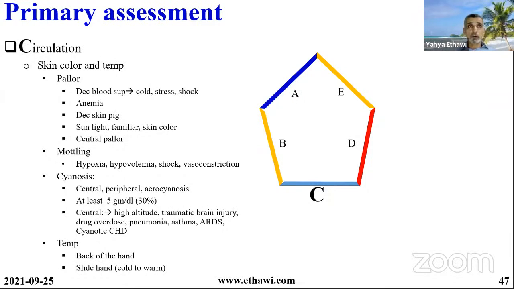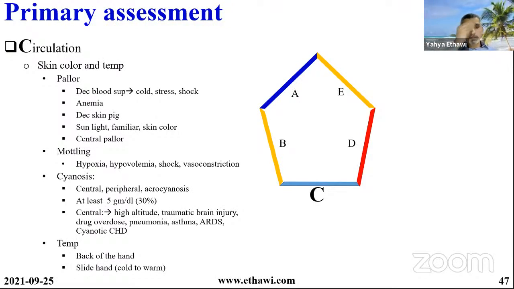Pulse oximetry measures oxyhemoglobin from the total, so whether the rest is carboxyhemoglobin or methemoglobin, the pulse oximetry will not know. The 5 grams is around 25 to 30% of the whole hemoglobin, and therefore we will not see cyanosis until the saturation drops by 25 to 30%, which means to 70 to 75%.